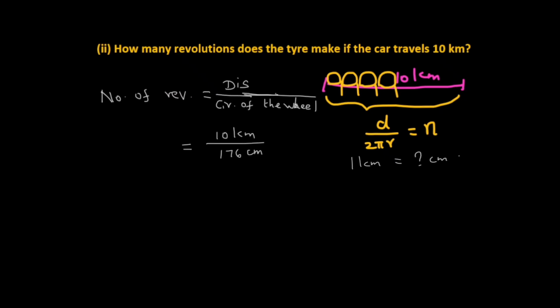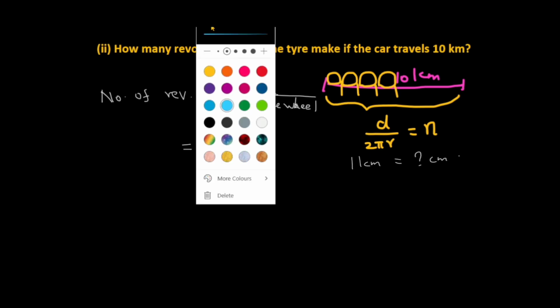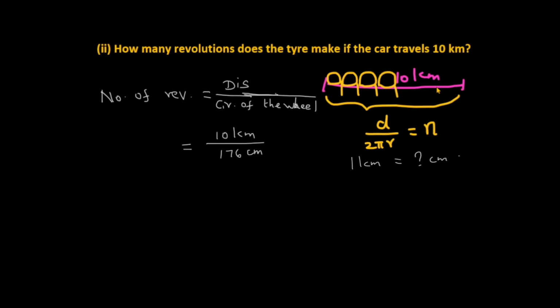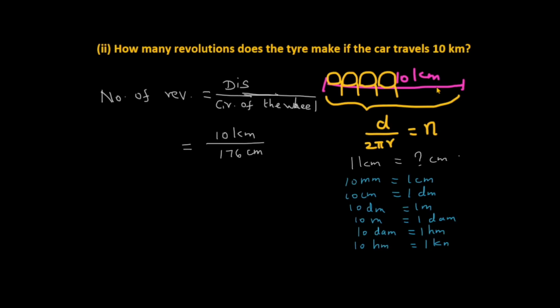I think you know the meter table. 10 millimeter is equal to 1 centimeter. 10 centimeter is equal to 1 decimeter. 10 decimeter is equal to 1 meter. 10 meter is equal to 1 decameter. 10 decameter is equal to 1 hectometer. 10 hectometer is equal to 1 kilometer.